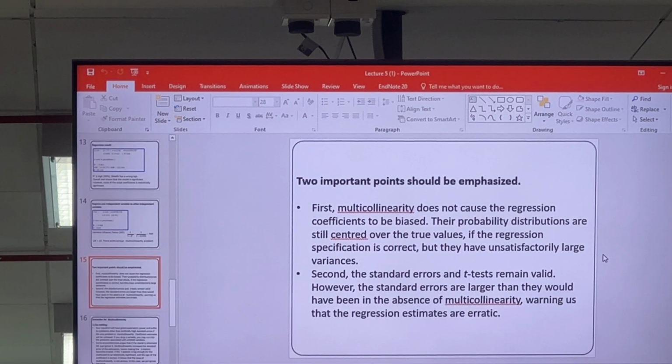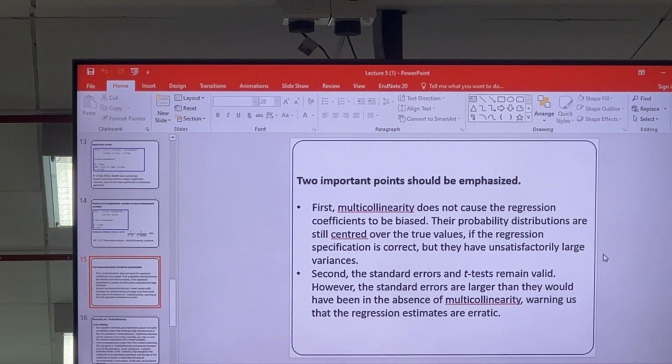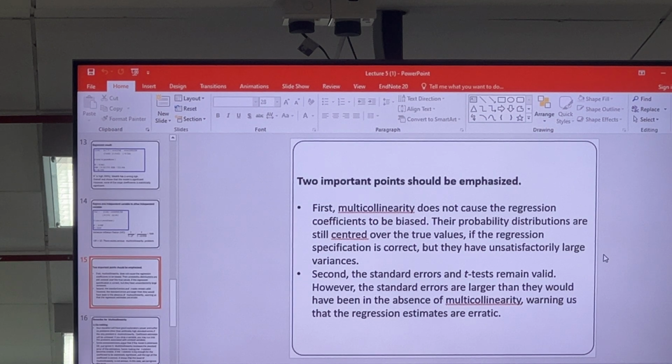So let's say we are estimating here. This is the true value, but normally we don't know it. So we just take a sample, and then we get estimates: beta 0 hat, beta 1 hat, beta 2 hat.